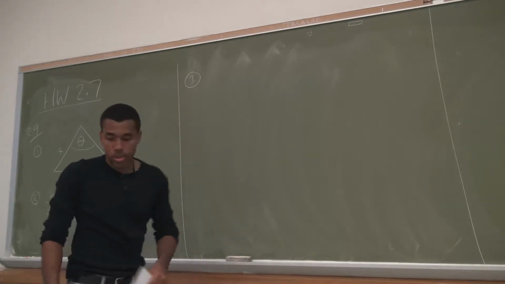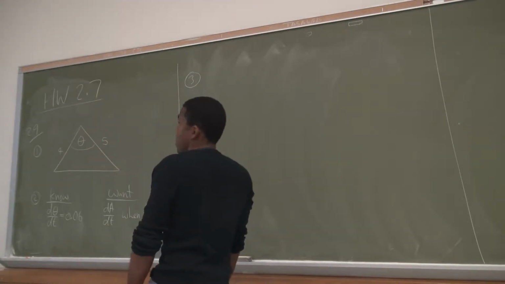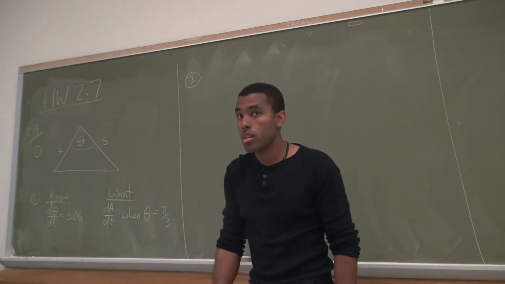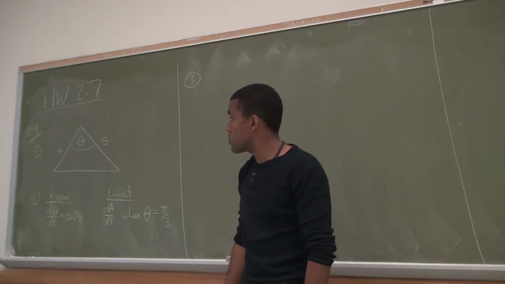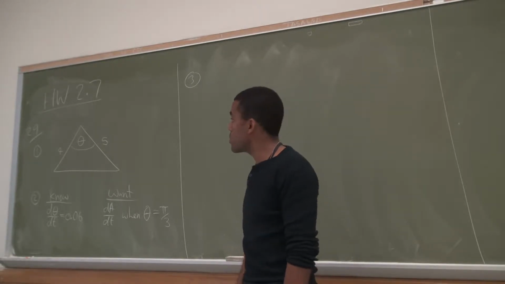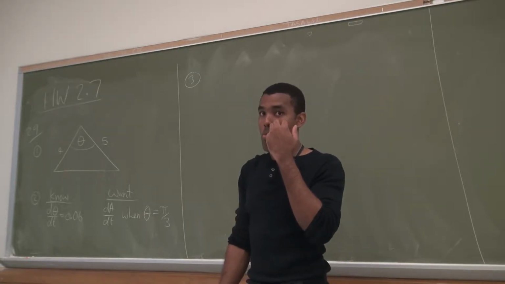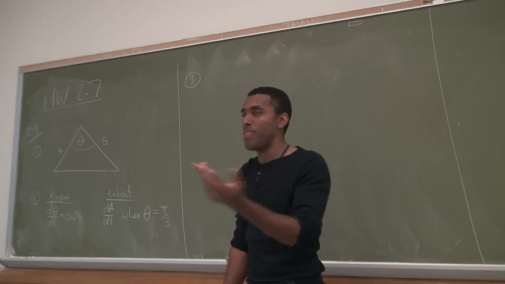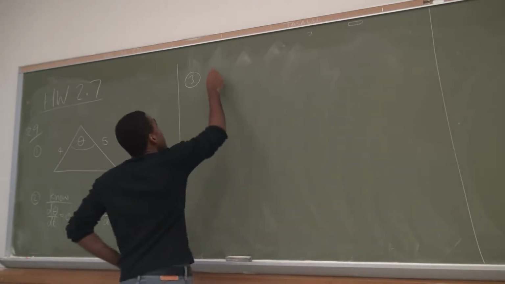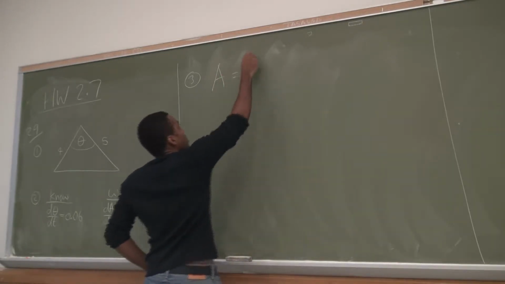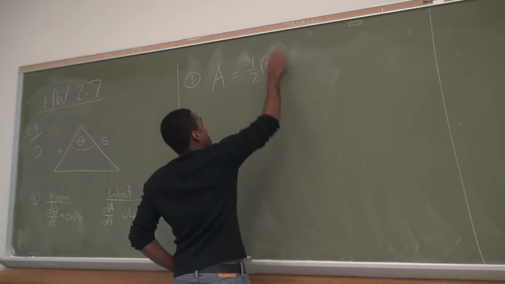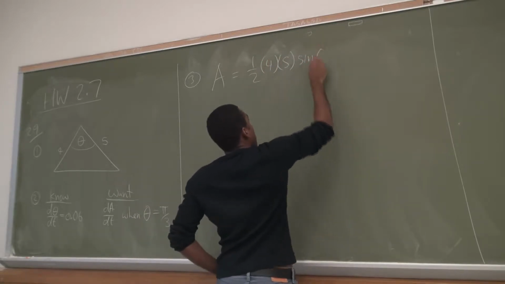What's the relationship? A is equal to 1/2 times 4 times 5 times sine theta.